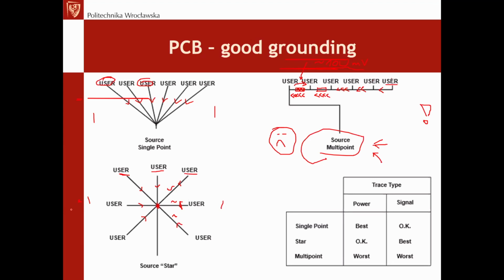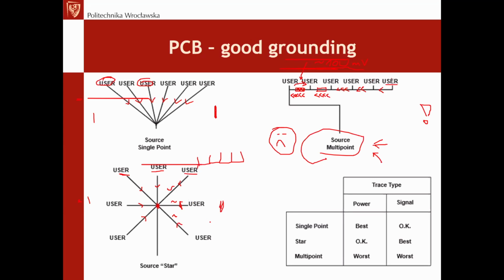Usually we have to make some sharing of techniques, and the optimal way is that the major ground tracks, the major ground connections, are done with the single point or star point technique, but then locally we use the multi-point technique.